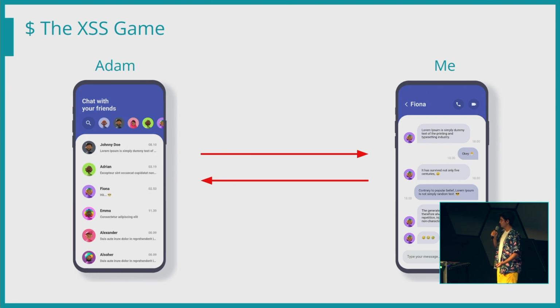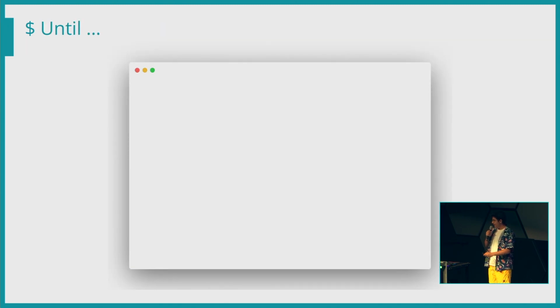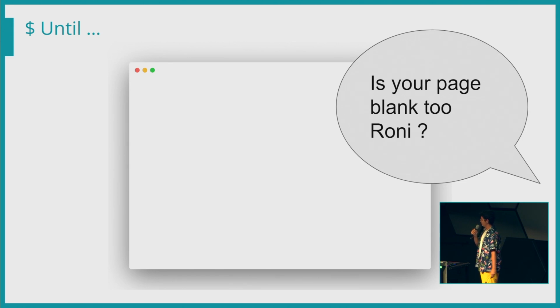So the goal was to get an account takeover on the other person. And so what happened is that we sent 3 payloads, and my page turned totally blank. I thought it was a connection problem until Adam told me, hey, is your page blank too, Ronnie?